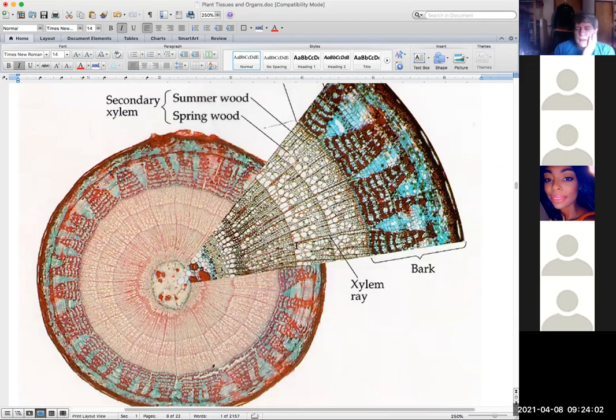So here's an actual tree. This looks like it's from a tree called Tilia, which is the common name is something called basswood. It's a very common tree in forests in this part of the country. If we look at this tree, here is the pith in the middle. The pith is parenchyma cells.